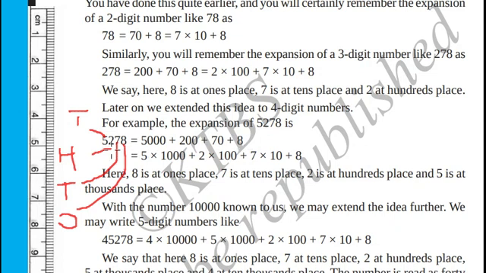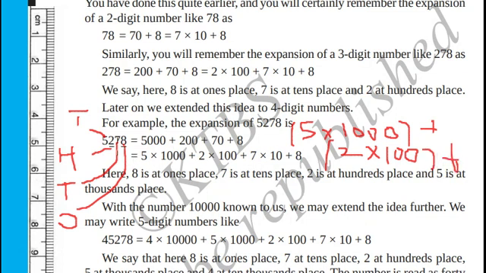We can write 5278 as 5 into 1000, because 5 is in the thousands place, plus 2 into 100, because 2 is in the hundreds place, plus 7 into 10, because 7 is in the tens place. Finally, 8 into 1. 8 is in the ones place. When we add all these numbers, we will get the sum 5278.